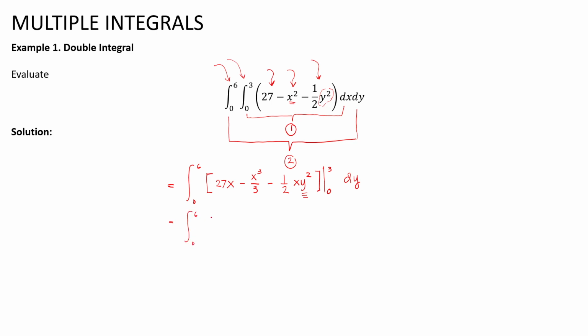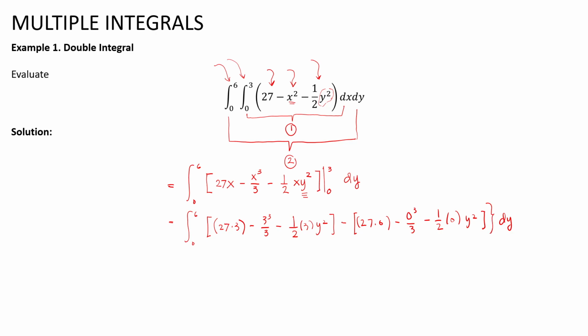From 0 to 3, so 27 times 3, then minus 3 cubed over 3, and then minus 1/2 times 3 times y squared, and then minus 27 times 0 minus 0 cubed over 3 minus 1/2 times 0 times y squared, and then dy.